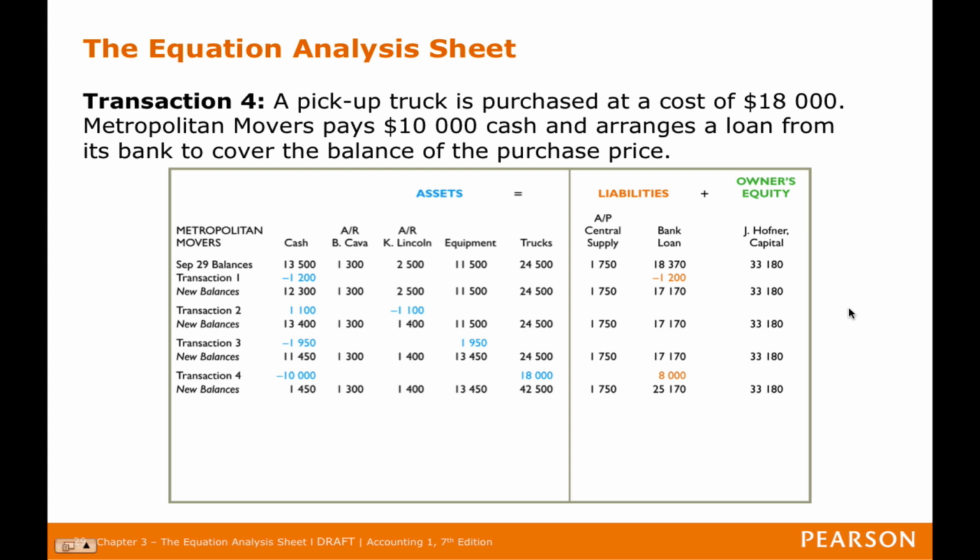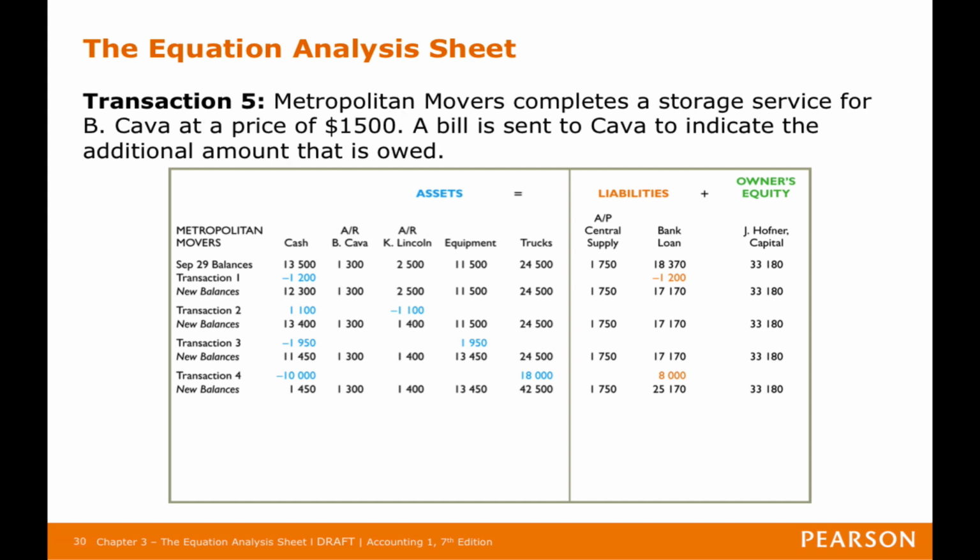So again, we've calculated the new balances, and we can move on to the next transaction once we check that everything is equal. Transaction 5, Metropolitan Movers completes a storage service for B Cava at a price of $1,500. A bill is sent to Cava to indicate the additional amount that is owed. In this case, no cash is changing hands, but B Cava owes Metropolitan Movers $1,500, so we increase B Cava's accounts receivable by that amount.